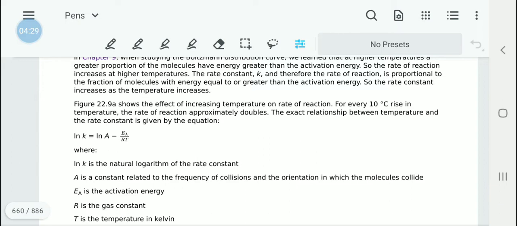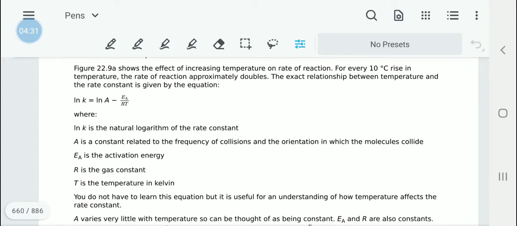Leave a line, put a star and write down: with every 10 degrees Celsius rise in temperature, the rate of reaction approximately doubles.